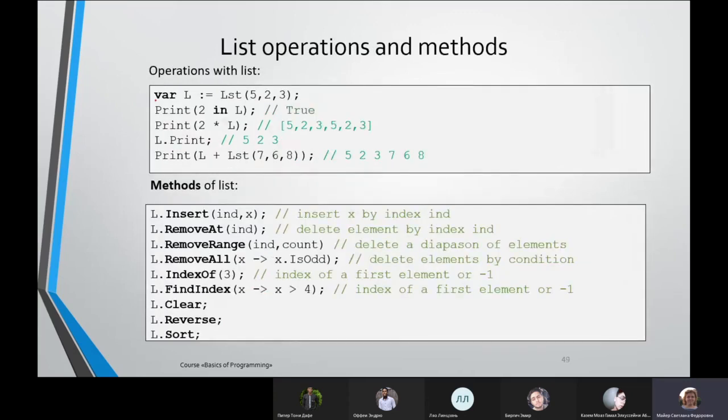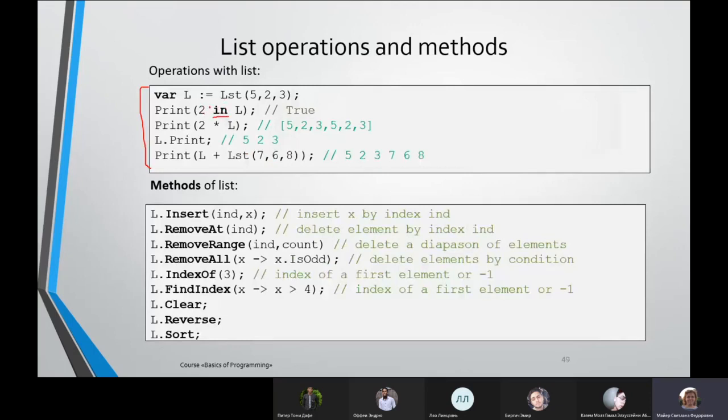And also here are some examples. What more can we do with this list? So we have a list 5, 2, 3, the elements of the list, and we can print out if 2 in L. So we can use this keyword in, this operation.